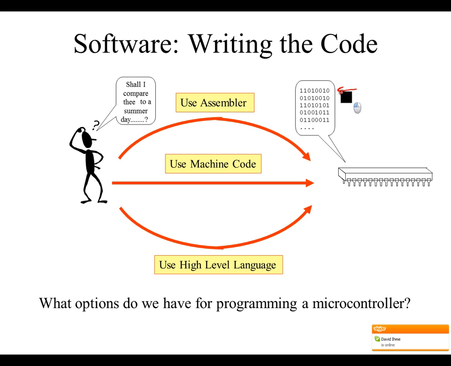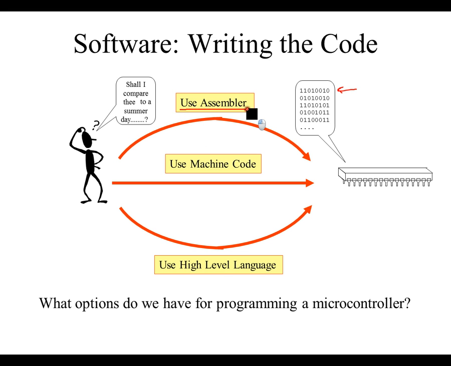The only thing the microprocessor understands is zeros and ones. It doesn't understand anything other than that. So how do we get what we're thinking in our head, in English, into a binary 1 and 0 based format? The way we do that is we use an assembler.